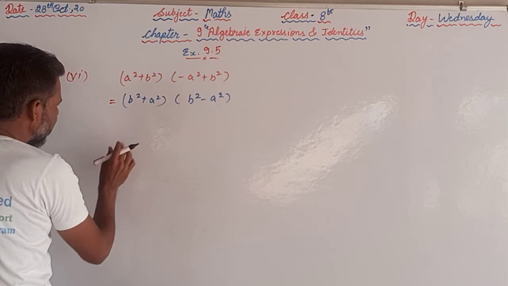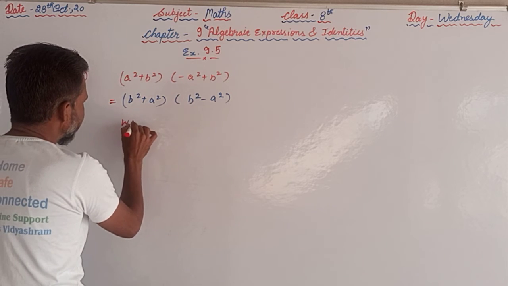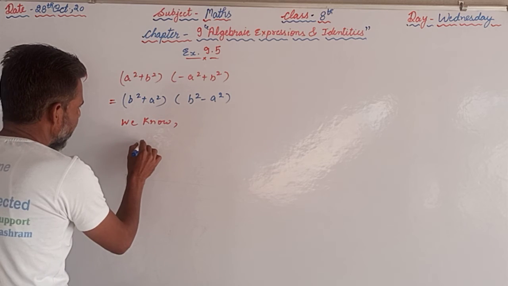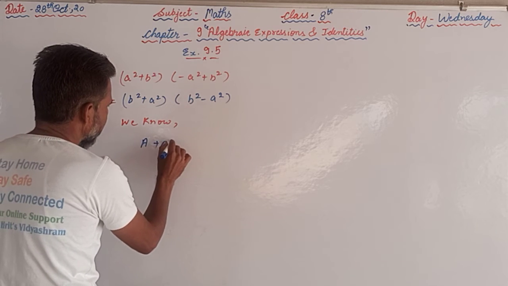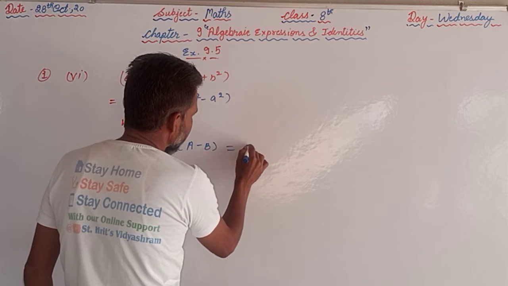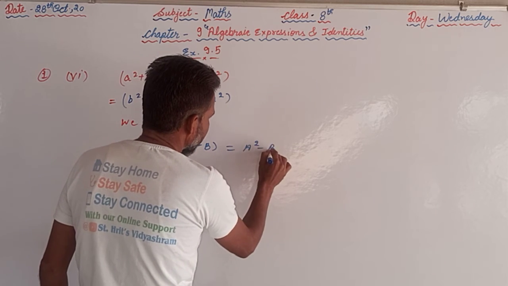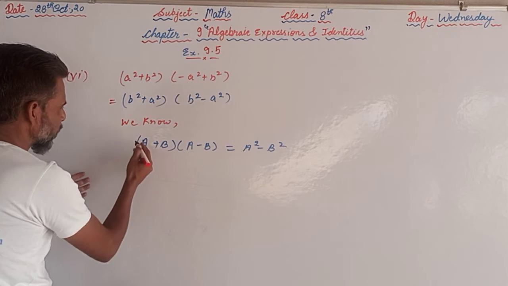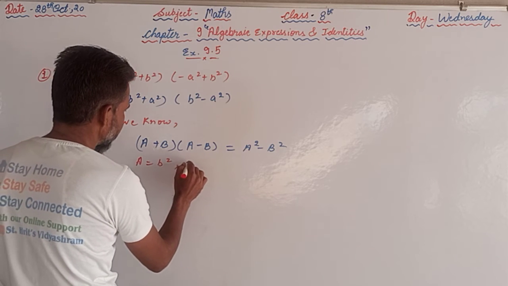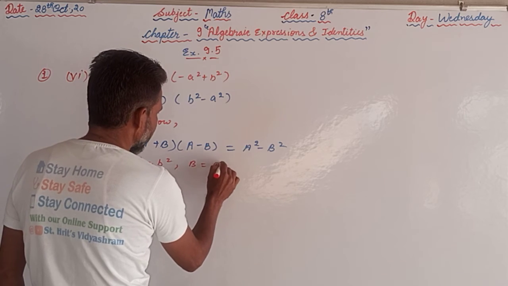So, now we know the same identity. Which identity? We know that is (a plus b) into (a minus b), and that is a square minus b square. So, in place of a here is b square and in place of b there is a square.